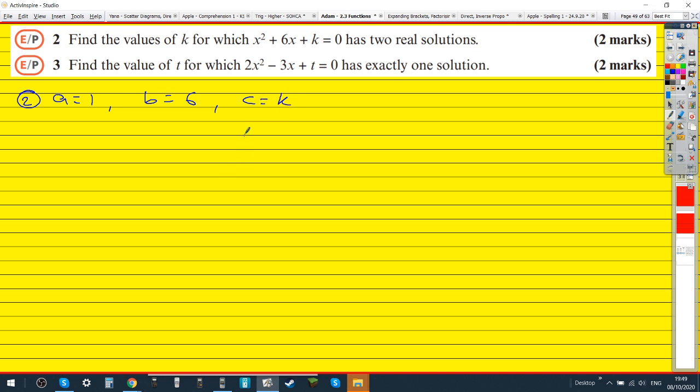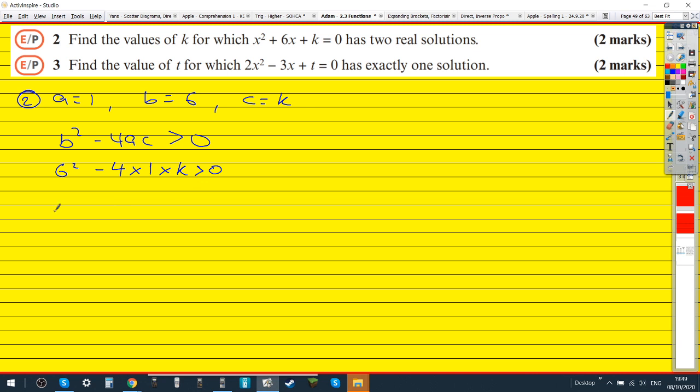And then you'd write out b squared minus 4ac is greater than 0. Then you substitute them in. It'd be 6 squared minus 4 times 1 times k is greater than 0.